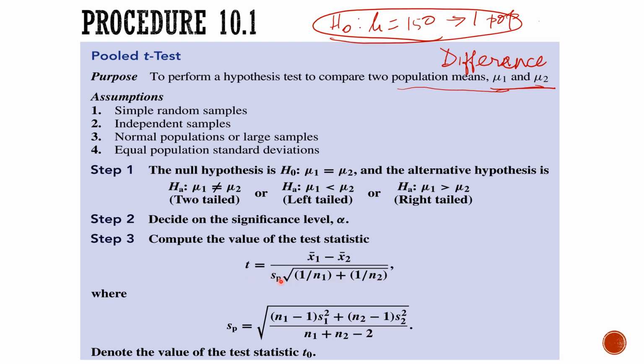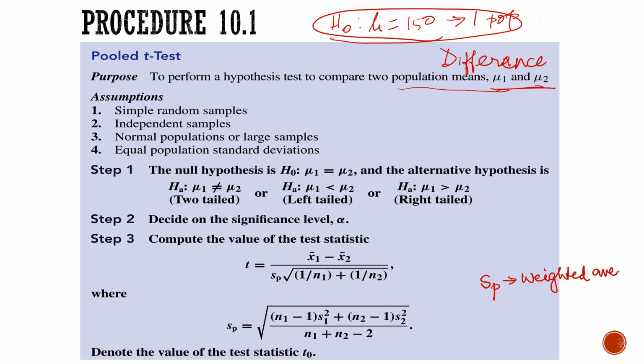And the formula to find s sub p is given here, where n sub 1 minus 1 times s sub 1 squared plus n sub 2 minus 1 times s sub 2 squared, divided by the degrees of freedom formula.